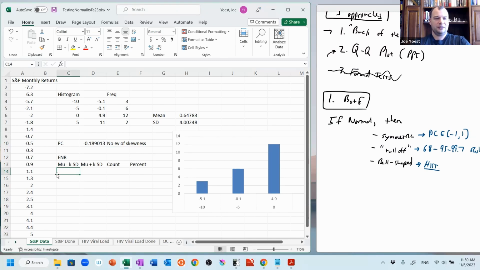So for the different standard deviations, 1, 2, or 3 standard deviations, what's the mean minus 1 standard deviation? That's mean minus this many standard deviations. When I drag down, I want my mean to stay the same, and I want my standard deviation to stay the same.